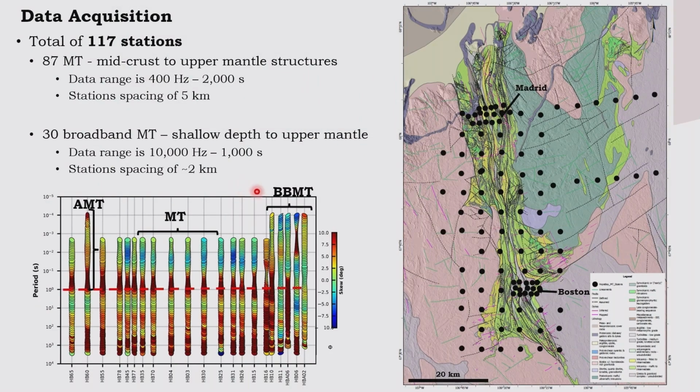So we occupied a total of 117 stations, and 87 of those were arranged in a 3D format to give us a complete coverage of the Hope Bay Greenstone belt. We didn't go that far up north here because of a lot of salt water.